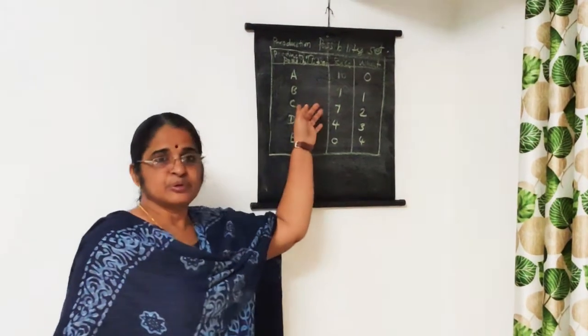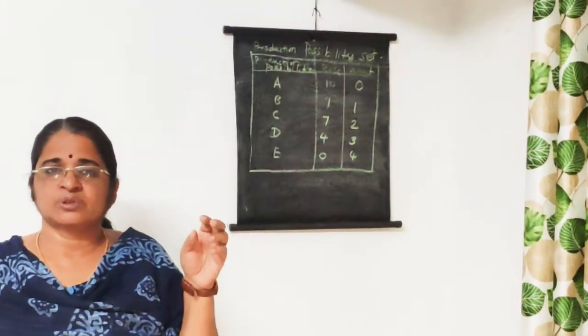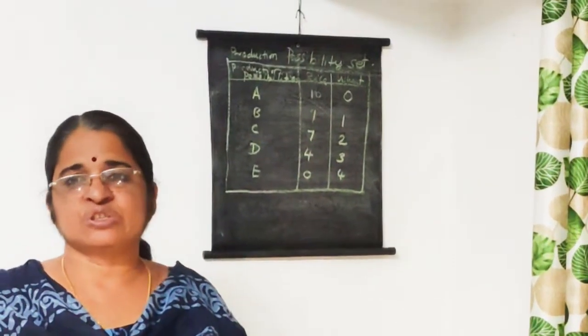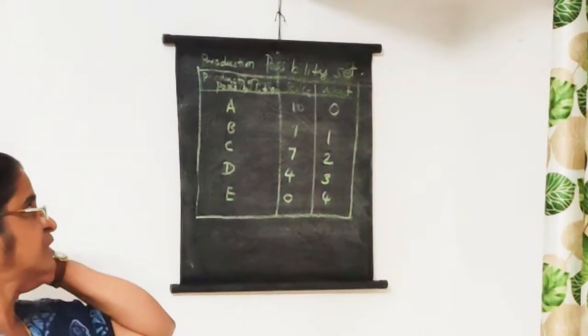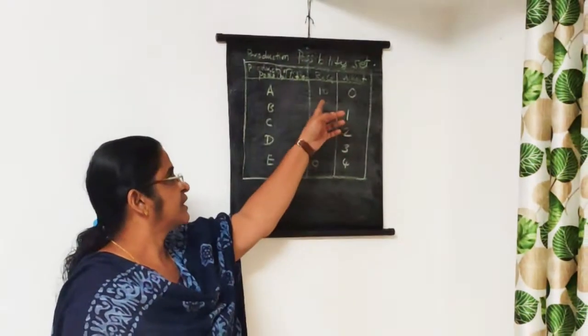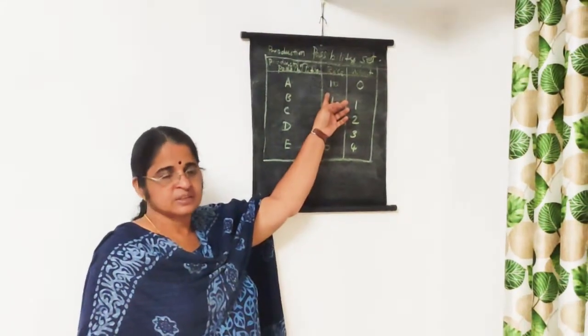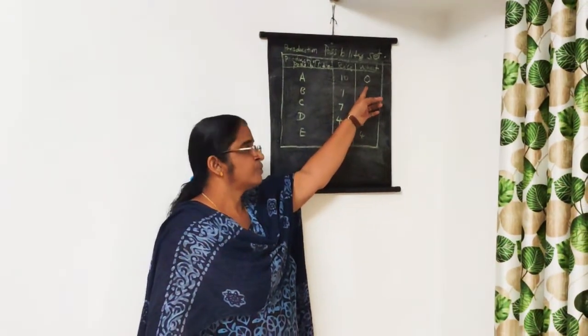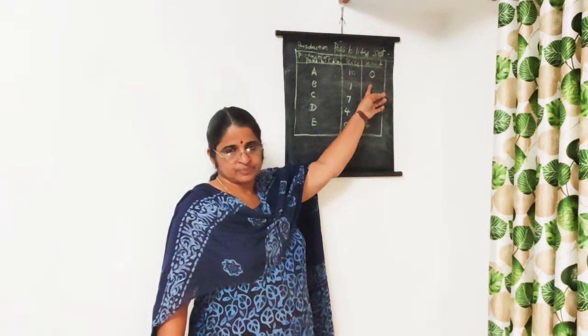When we use the full resources for the production of rice, we can get 10 quintals of rice and 0 units of wheat.